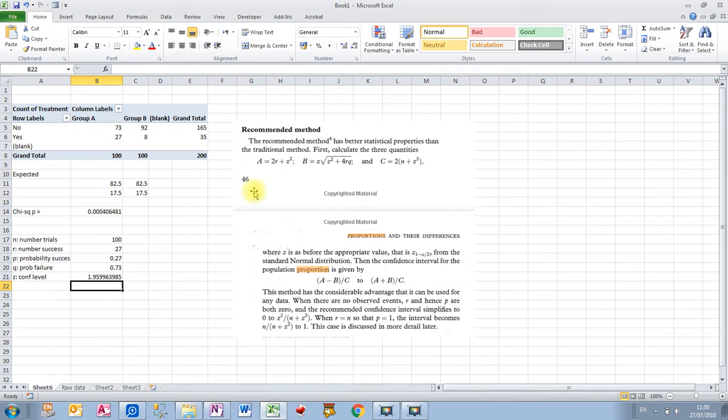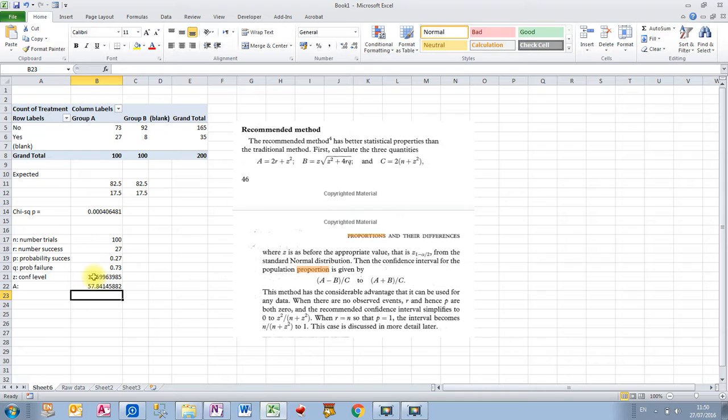Now we're going to put in these equations. A is 2R plus Z squared. So equals 2 times R, which is this one, plus Z squared, so we square it.